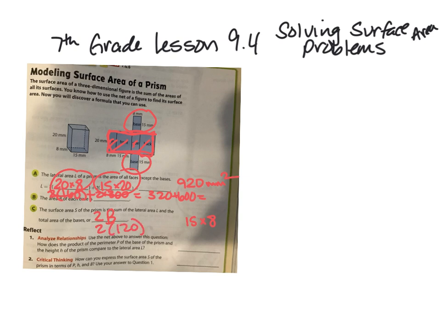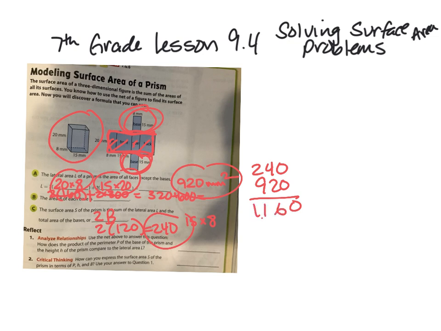And 2 times 120, because I have two of them, will be 240. Then I add the 920 to the 240 for the total surface area of the whole thing, 1,160 millimeters squared.